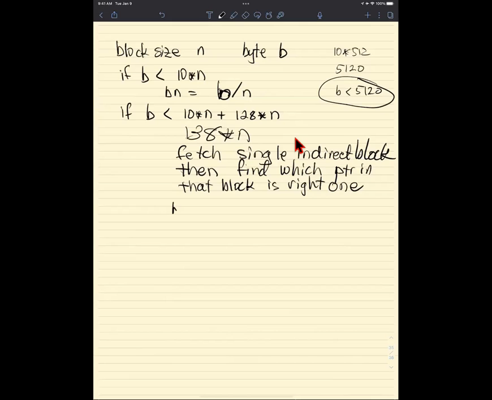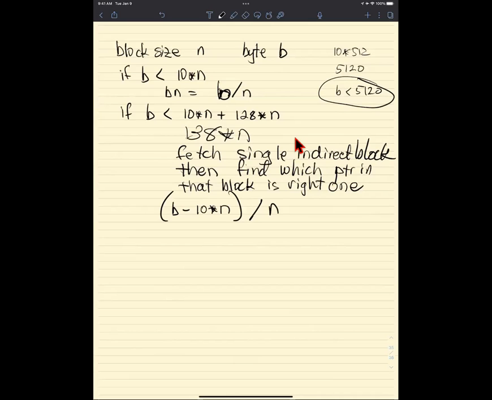Okay, so it would be B minus what's come before it. Well, what's come before it is 10 times n, divided by n. So let's try block number 5,121, byte number. Well, I have a question.